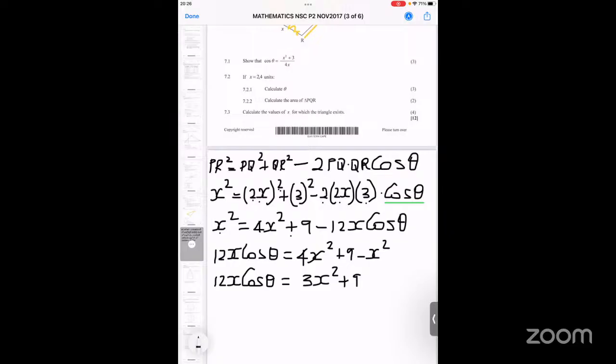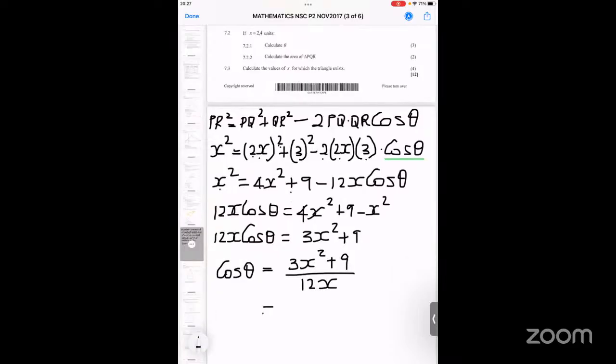And then you will obviously divide everything by 12. Maybe not just 12, but 12x, because what we want to remain on the left-hand side is just cos theta. So you can still say I'm having 3x squared plus 9, or maybe you just say the whole of that, divided by 12x, which is cos of an angle. Maybe you take out 3 as common factor. What do you remain with?